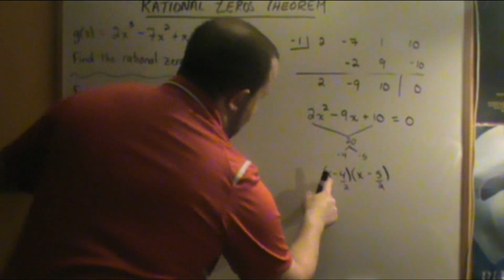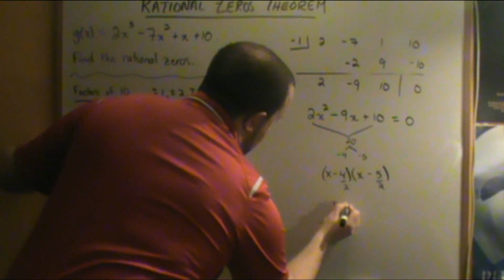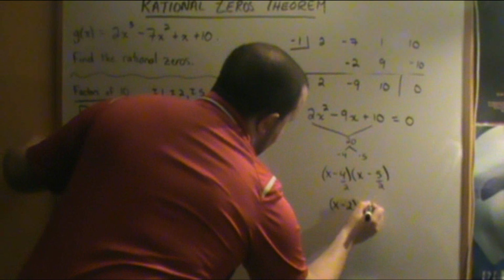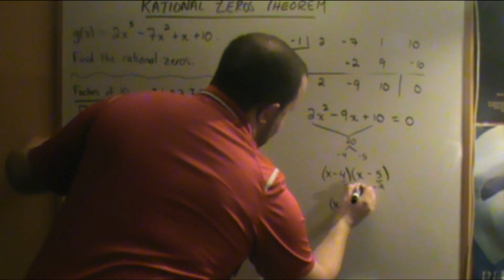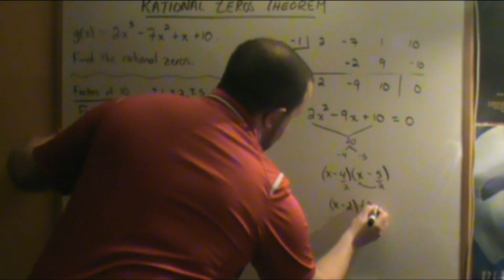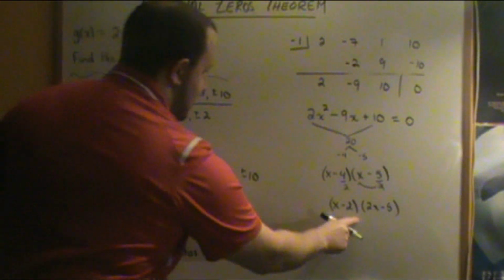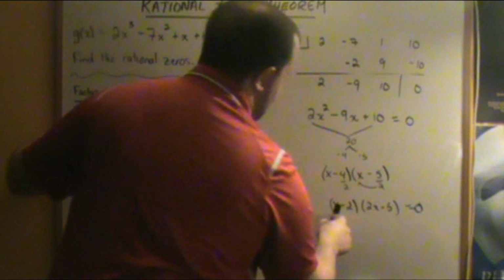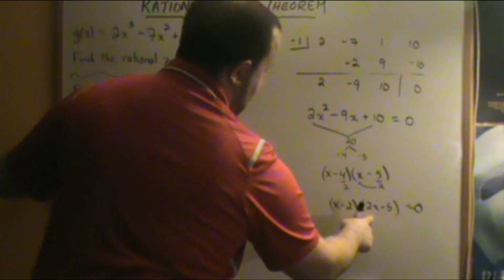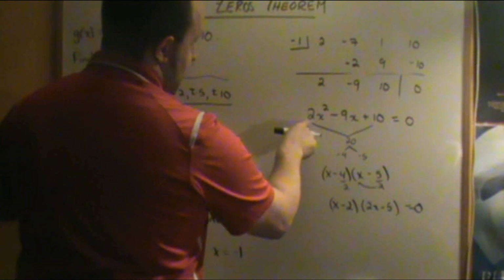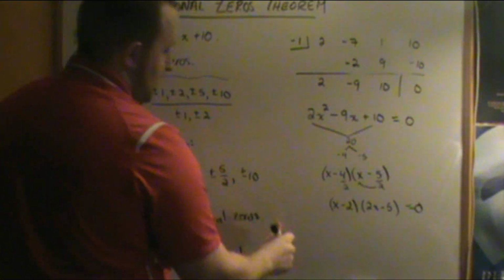Simplify them. 4 halves is 2. 5 halves can't simplify, so that 2 is going to slide in front of the x. And we can find our zeros by setting this equal to 0. This product here, x minus 2 times 2x minus 5, is equivalent to this trinomial.